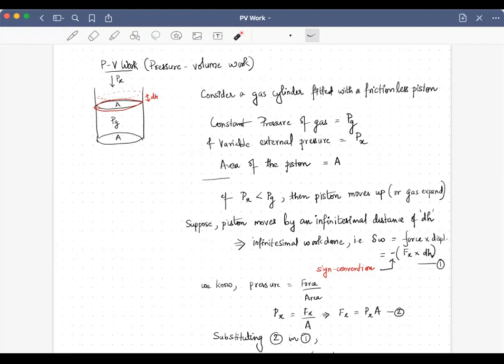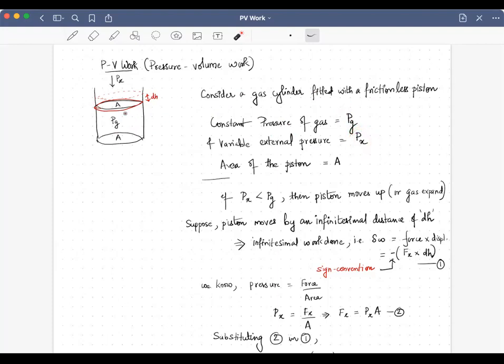So you consider a gas cylinder fitted with a frictionless piston, and the pressure of the gas inside this cylinder we represent as Pg. It's a constant gas pressure corresponding to the requisite amount of gas present in this cylinder. Now, the variable pressure here is the external pressure, which is Px.